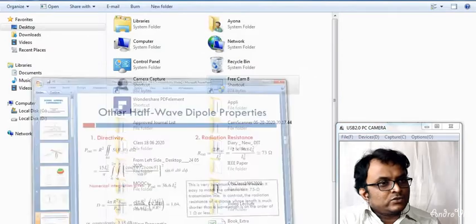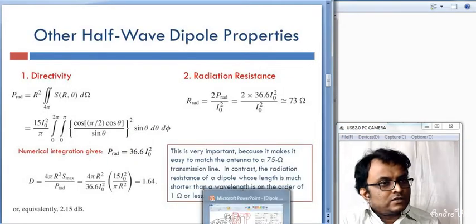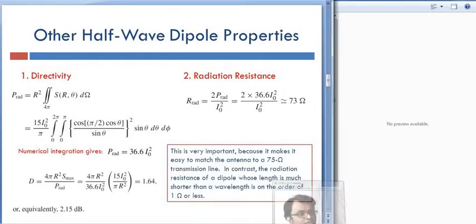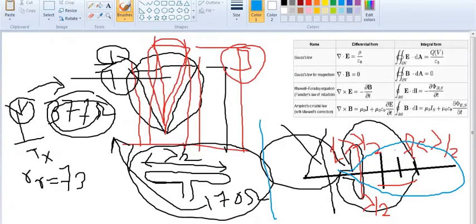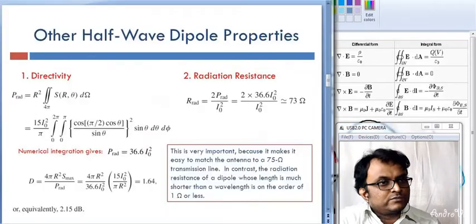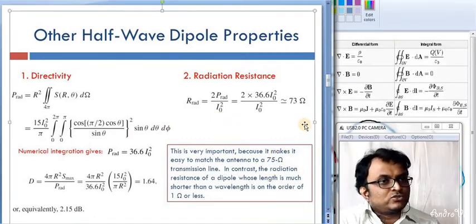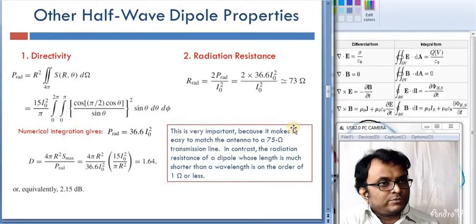In that case the radiation field will look like this, and therefore I am saying that for the design of any kind of antenna, I have to take care of the directivity, that is the gain of the antenna, and its radiation resistance, meaning how it will be matched with our proposed feeding system.